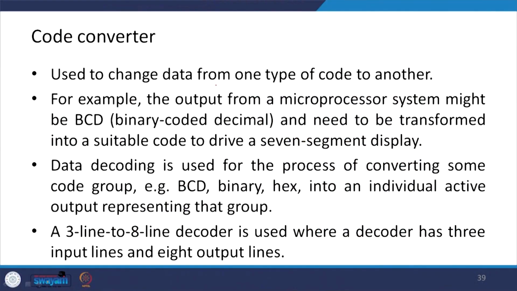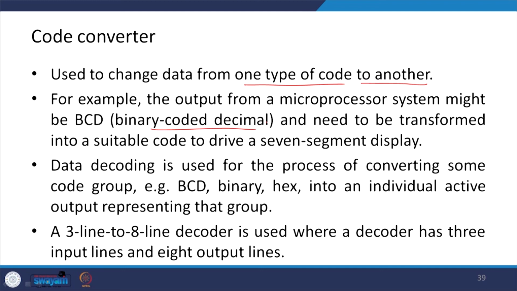Next, let us look at the code converter, and as I said, this is used to change data from one type of code to another type. Okay. For example, the output from a microprocessor system might be BCD, okay, that is binary coded decimal, and this needs to be transformed into a suitable code to drive, say, a 7 segment display. Okay.